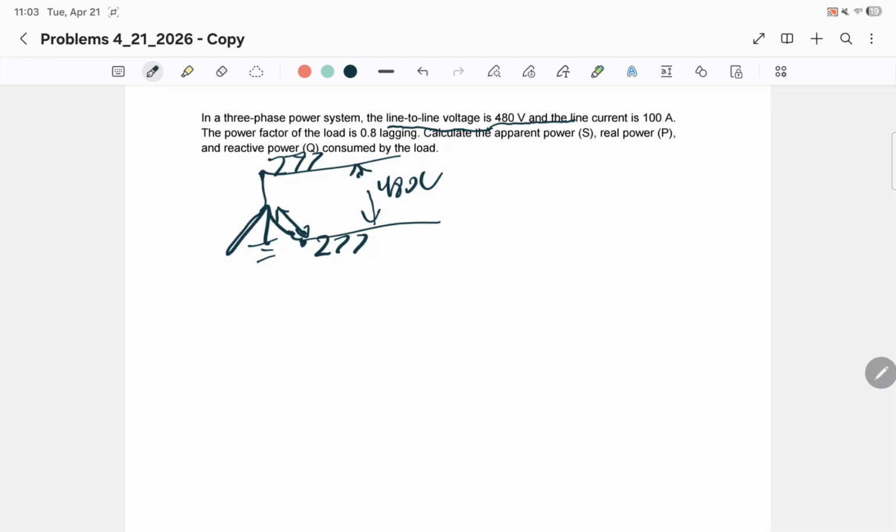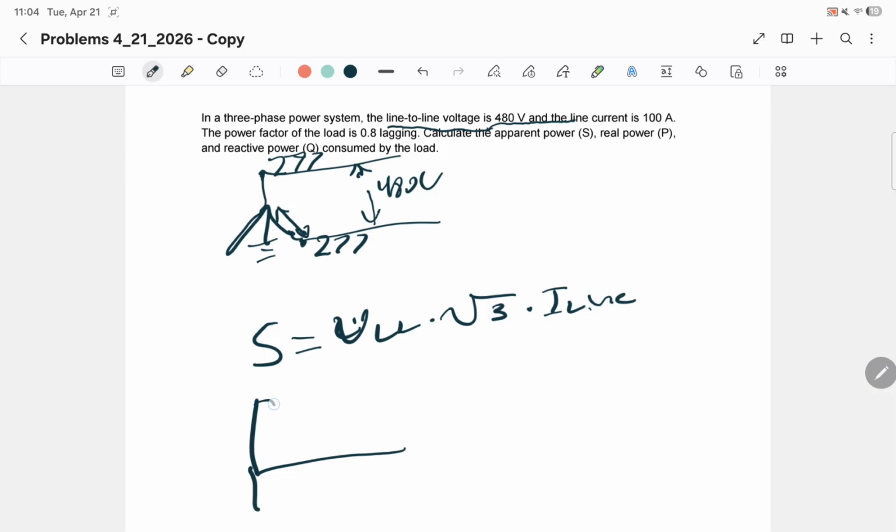So it's important. So the formula for apparent power S is equal to voltage line to line times the square root of 3 times your line current. And the square root of 3 comes from, if you draw real quick, a little waveform.